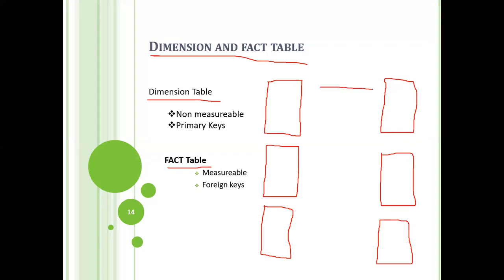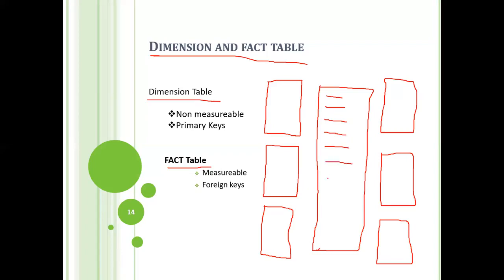Then I will have a fact table. You'll have a centralized fact table here. It will have all the transactional data. Whenever we are doing business, first we are capturing that this customer purchased this particular product, on this particular date, from this particular employee, from this particular store, particular region, particular country.